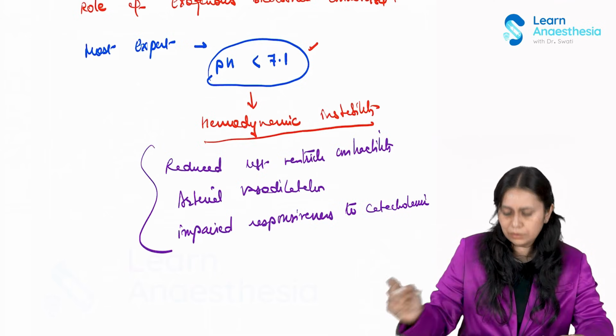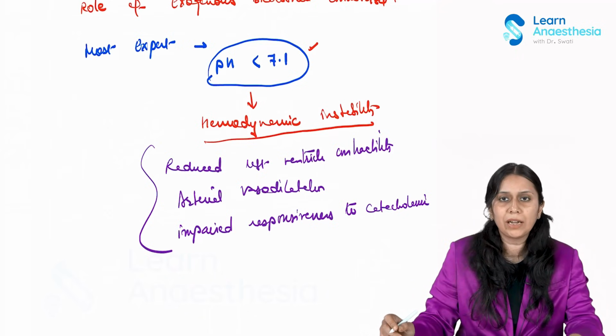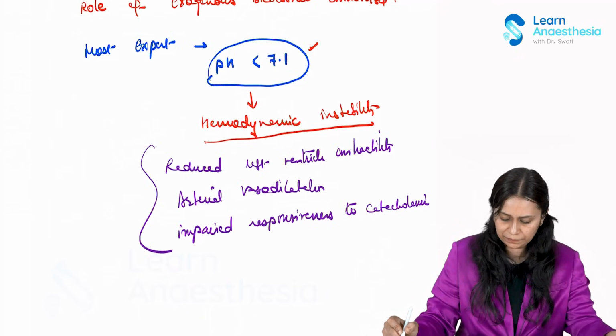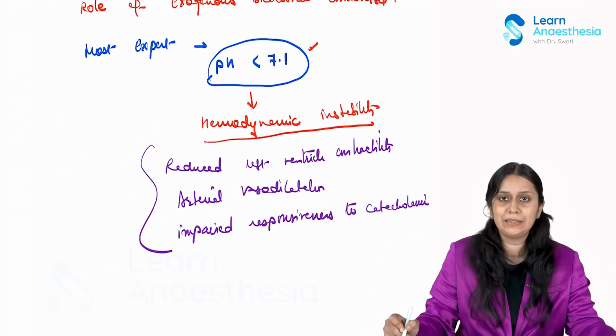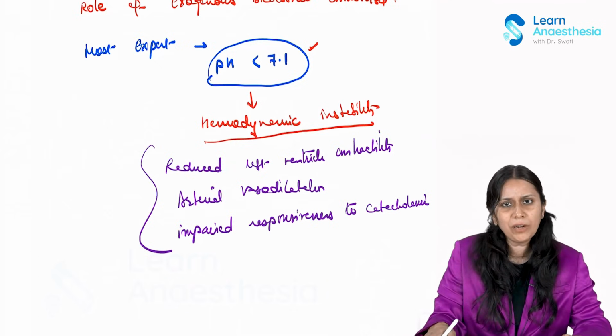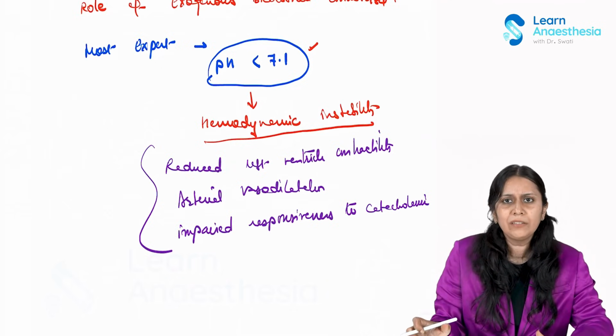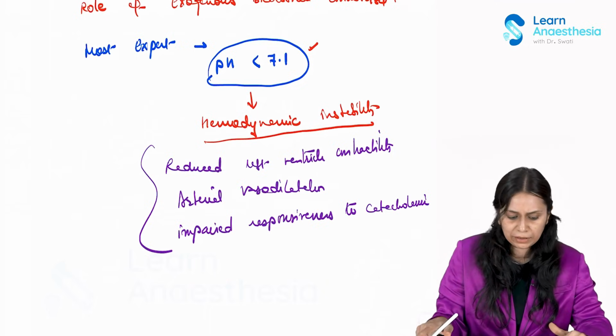Okay. So, this is all causing hemodynamic instability. So, at this point, when the pH is less than 7.1, we can go for bicarbonate therapy.